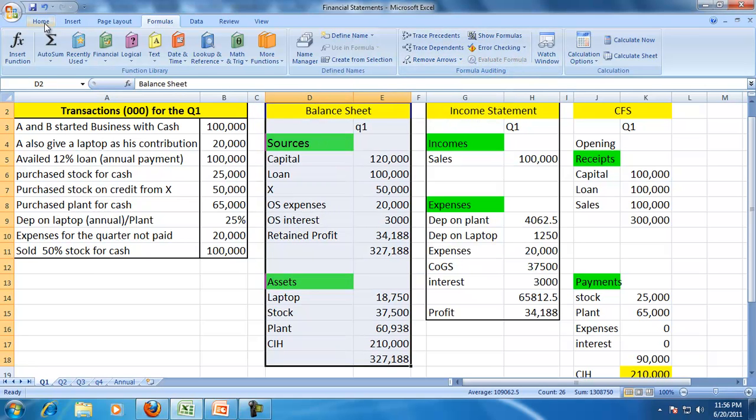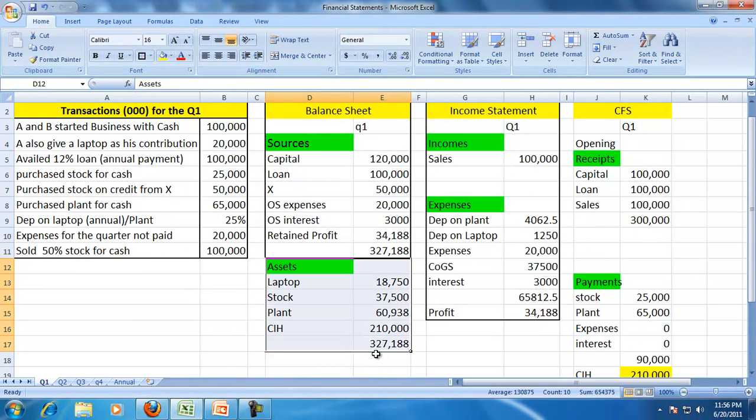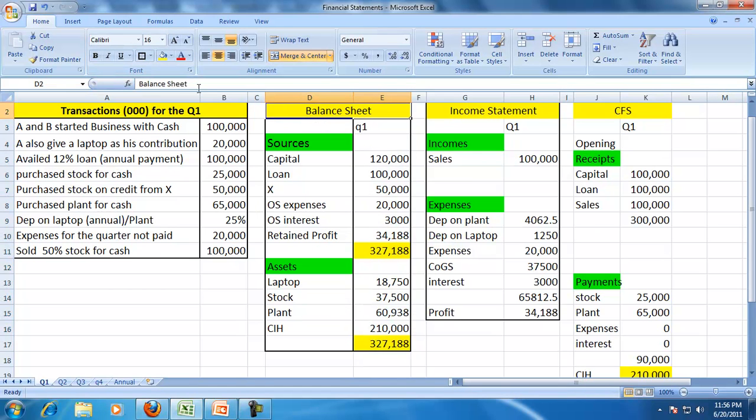So my balance sheet has to tally, and it has tallied. You should be careful that all the items are recorded the moment the transactions are entered into. At the end of the quarter, your balance sheet will have the retained profit for the quarter, and the income statement will show incomes and expenses for the quarter.